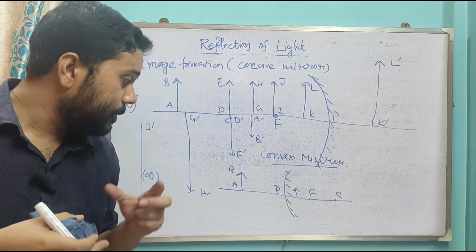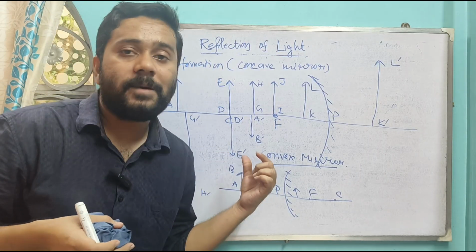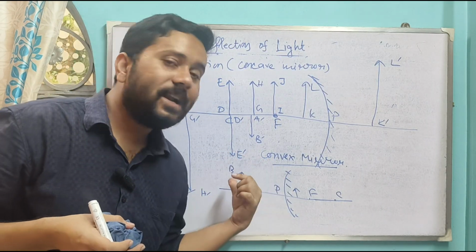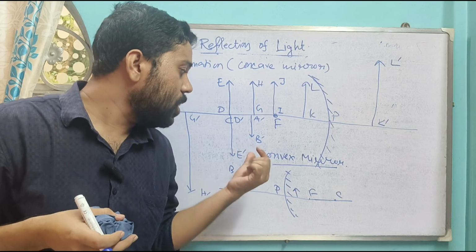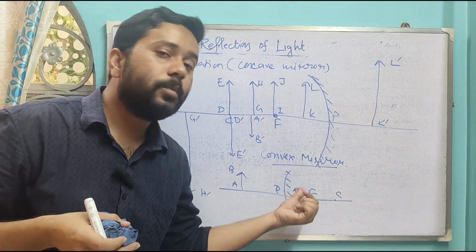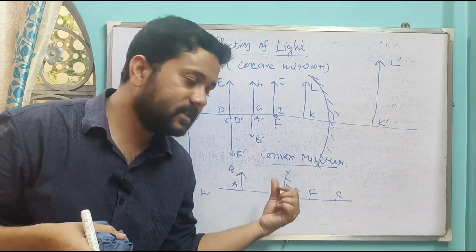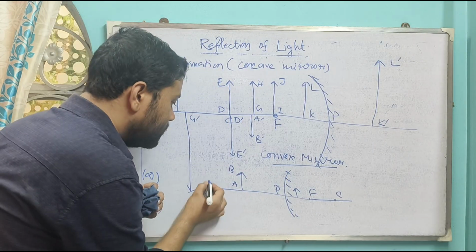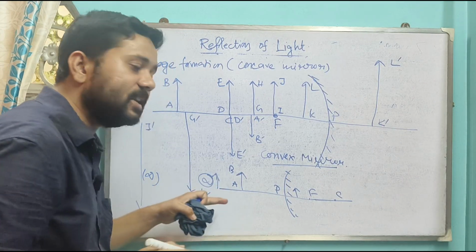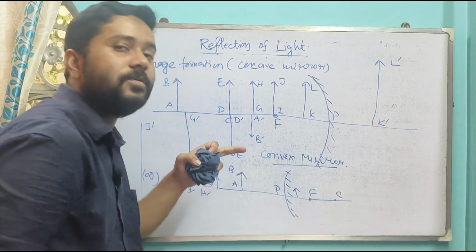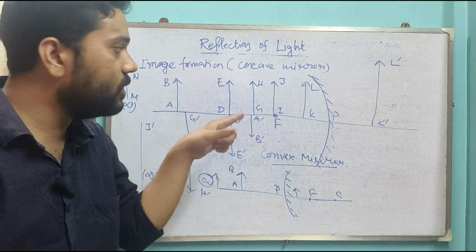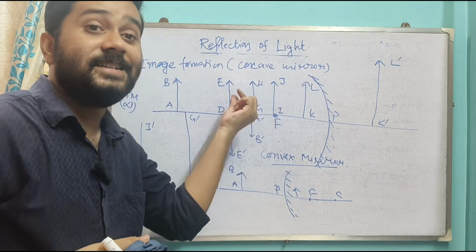So you know, wherever we place the object between pole and infinity in front of a convex mirror, we always get the image between pole and focus, and it is a virtual and erect image, and smaller in size. Now if we keep the object at infinity, we will get the image at focus. Similarly for a concave mirror, we get the image at focus, and that is a real image.